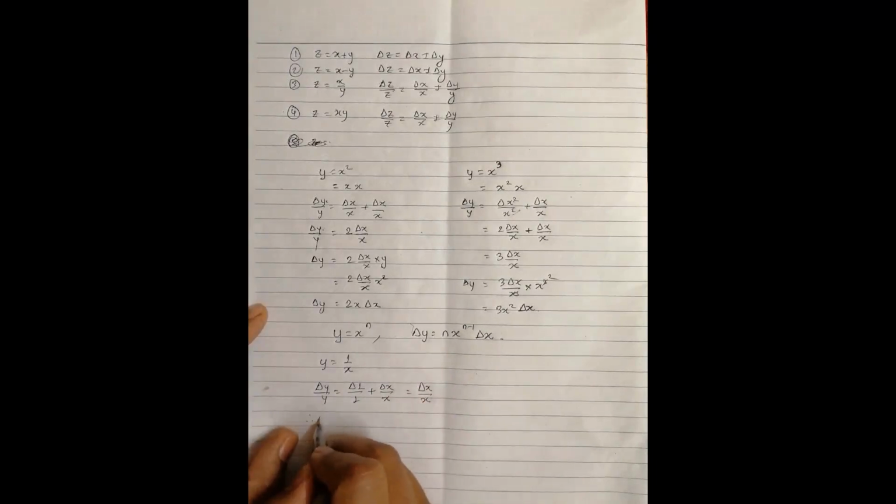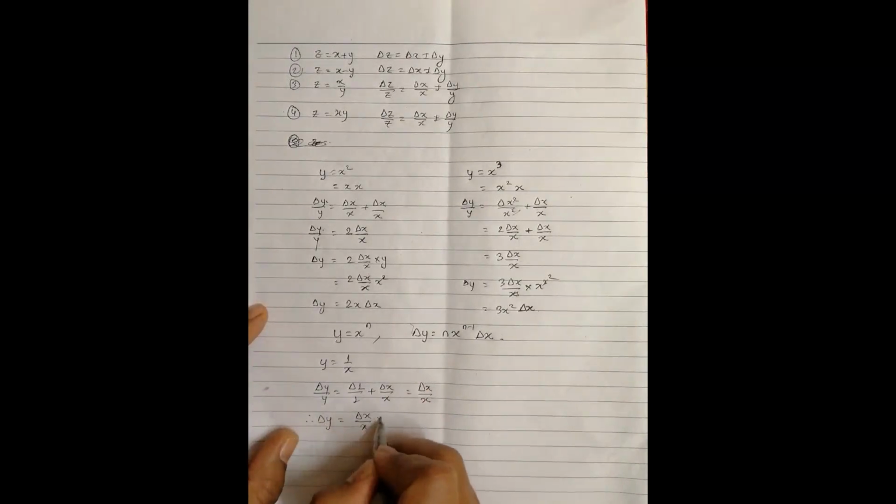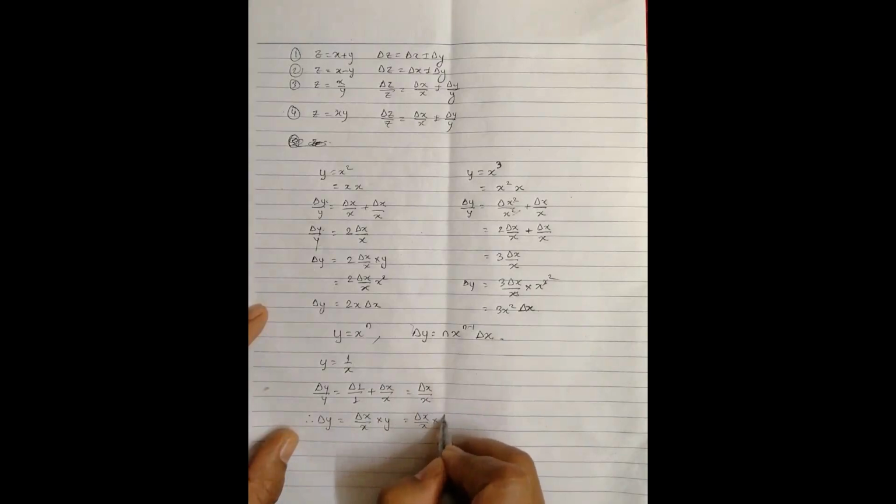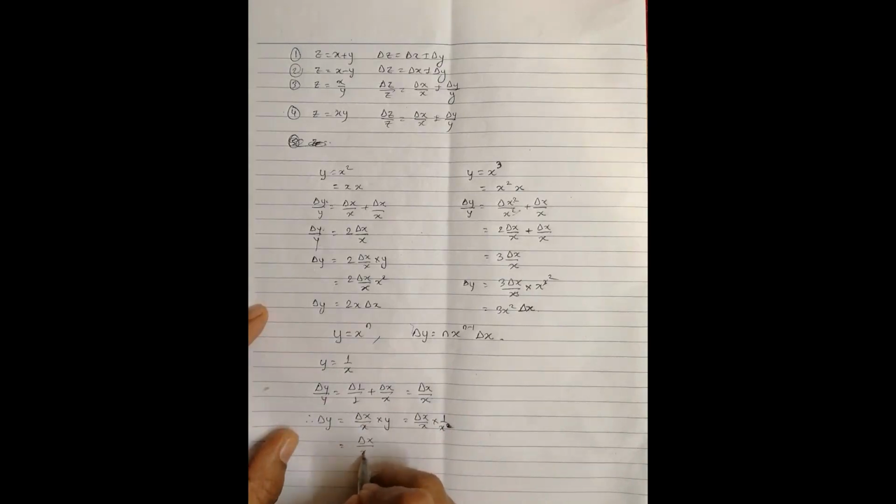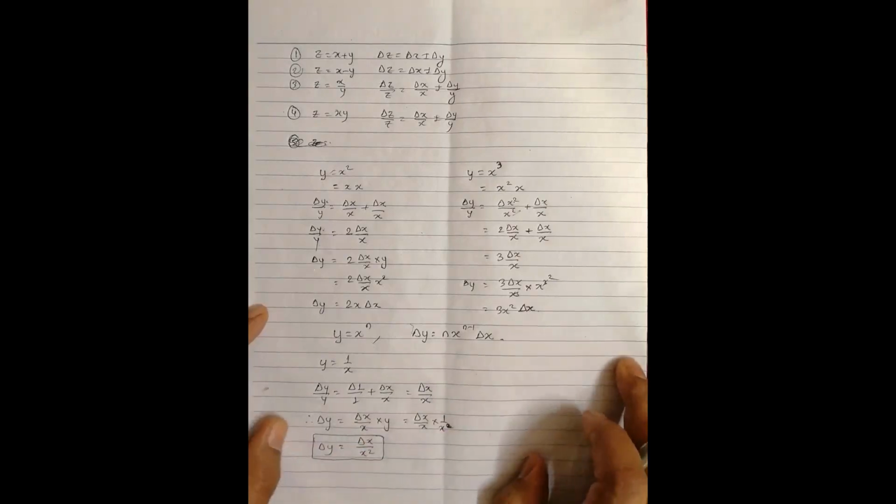So then delta y will be equal to delta x by x into y, equal to delta x by x into 1 by x. So this gives us delta x by x square. So in this case, delta y should be equal to delta x by x square.